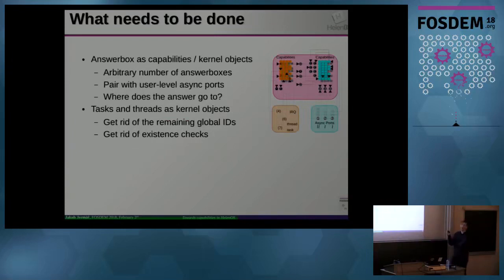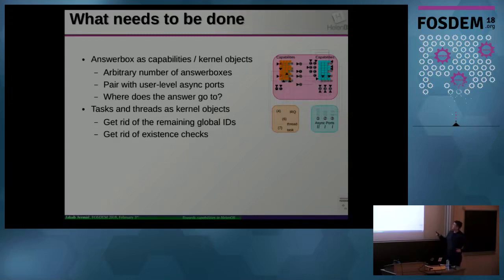So on this picture, you already see that we got rid of the limitation of one answerbox per task. And now we have as many as there are these library entities that were previously mapped to the single answerbox. With that is related the fact that now it is sufficient to use only the capability handle in order to refer to the respective destination object.